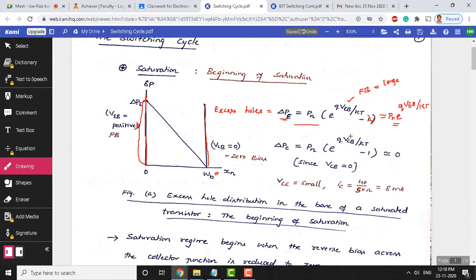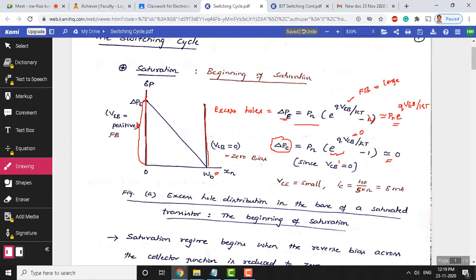Now, delta P c depends on V c b instead of V b, so it is e to the power of q V c b by k T minus 1. To commence saturation we are going to make V c b 0. Once you substitute V c b as 0, the exponential value becomes e to the power of 0, which is 1, so this 1 cancels with the other 1. So, delta P c is going to become 0.